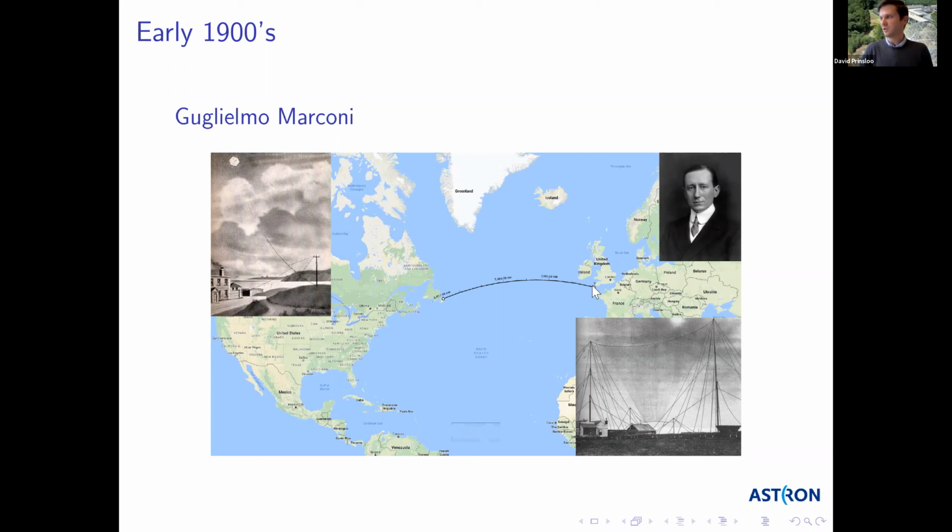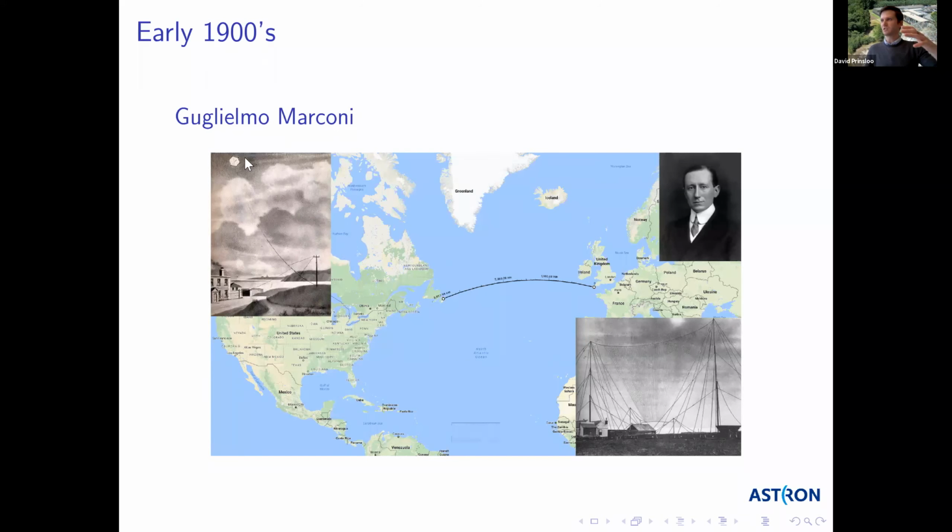Yeah, there's also the legend of how he actually received the signal. Here you can see the transmitter station that he had in Cornwall, quite an elaborate construction. And he had a similar receiving station in Newfoundland, which due to a storm apparently got destroyed. So he ended up connecting a cable to a kite or a balloon.